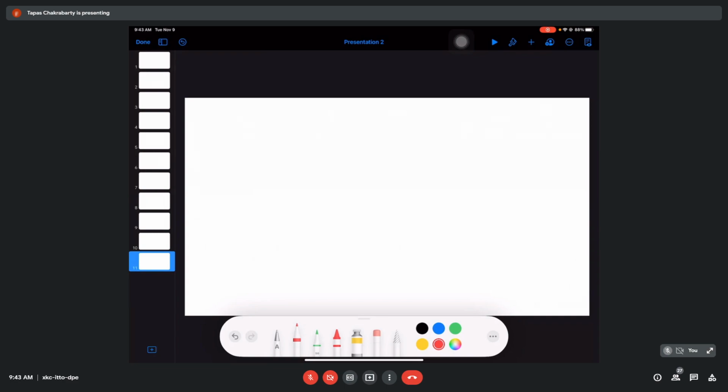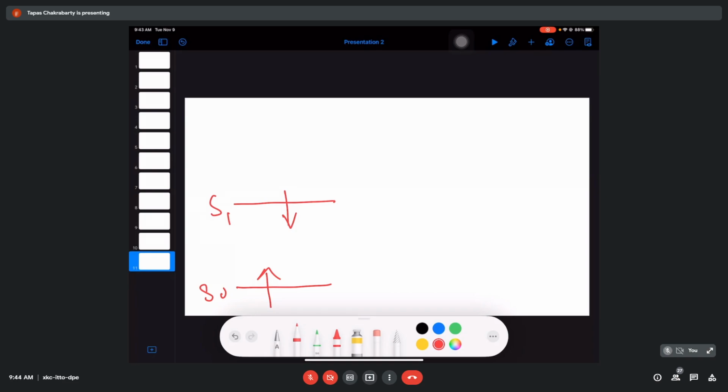Now let me draw it once again. It was like this. This is S0, this is S1. What you have done is that this electronic excitation energy has been dissipated to nuclear energy.